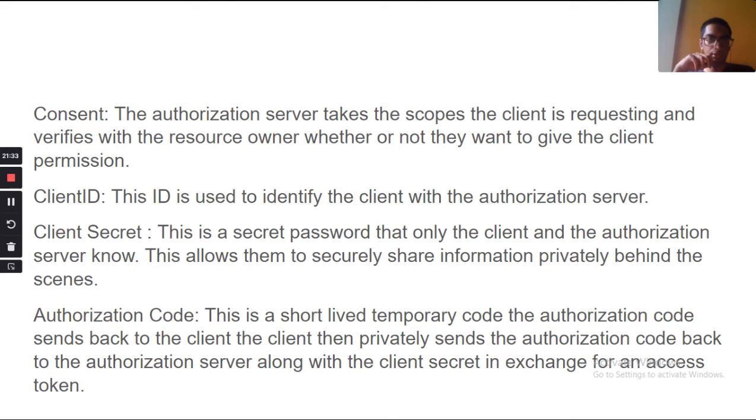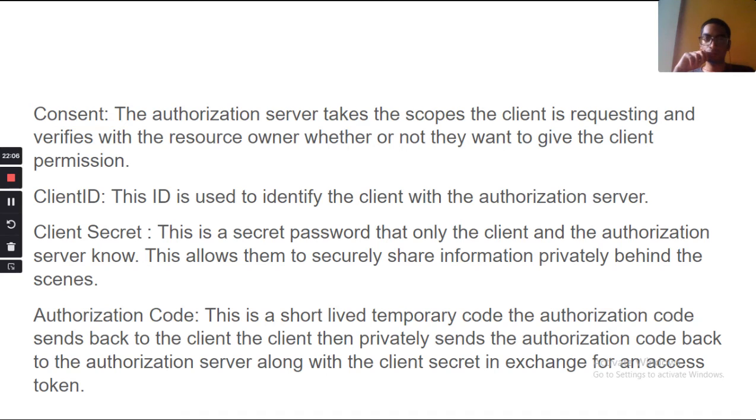The next one is consent. The authorization server takes the scopes the client is requesting and verifies with the resource owner whether or not they want to give the client permission. Once the client sends a request, the request will contain the scopes that it wants to access, like contacts or information in a certain email.